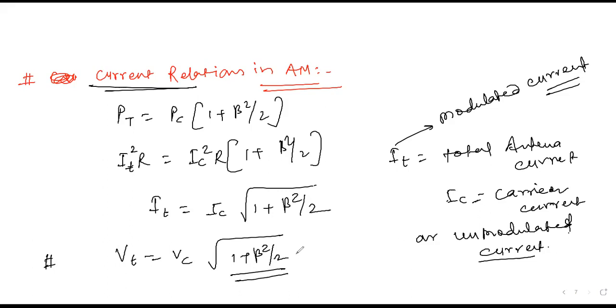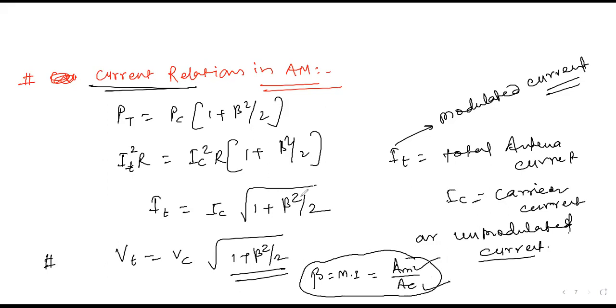Because, as you know, power is directly proportional to current square, or to voltage square. Beta is the modulation index, and this is equal to AM by AC, the maximum amplitude of the message signal upon the carrier signal. That AM by AC represents the modulation index.